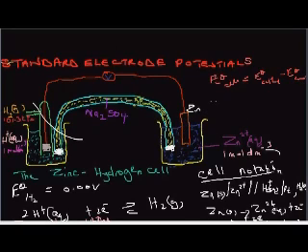Right? Now if we use our voltmeter in the case of a copper half cell, this was done experimentally, and it was found that the voltage of our cell is minus 0.3 volts.